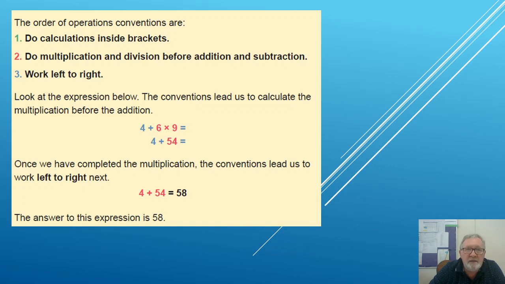The third one says work left to right. Now if you think about that, working left to right, like we read left to right, it seems to almost go against the second one. But actually the way you need to think about it is it goes hand in hand with the second one. And by that I mean if you have an expression with both multiplication and division in it, then you work from left to right.